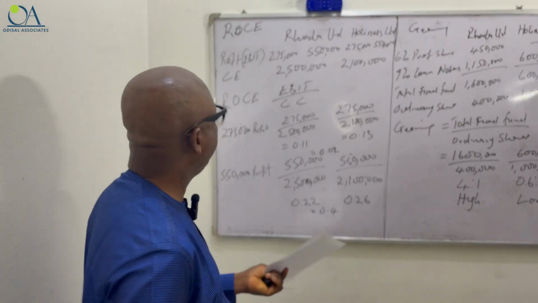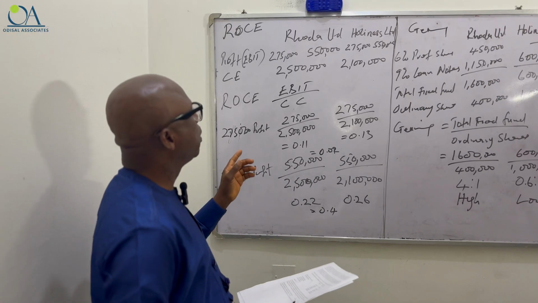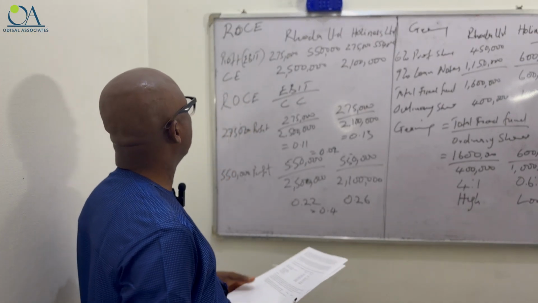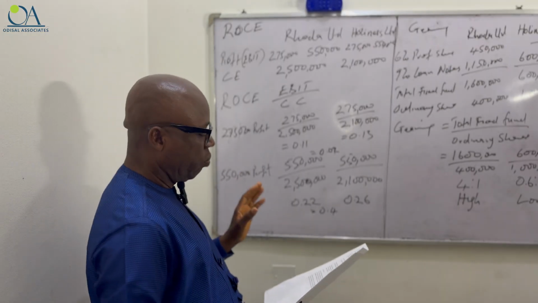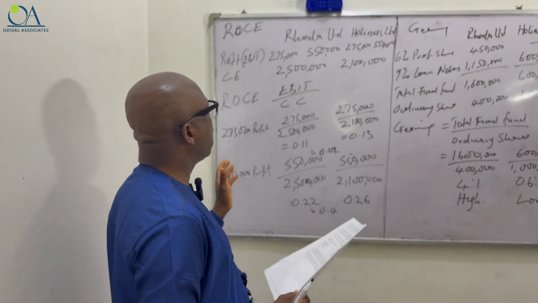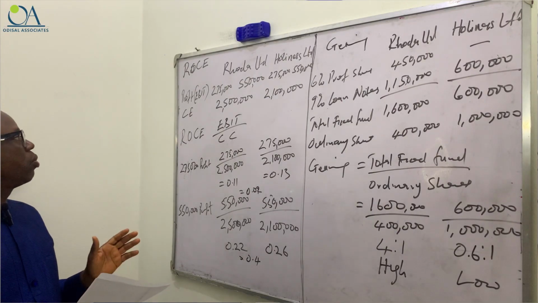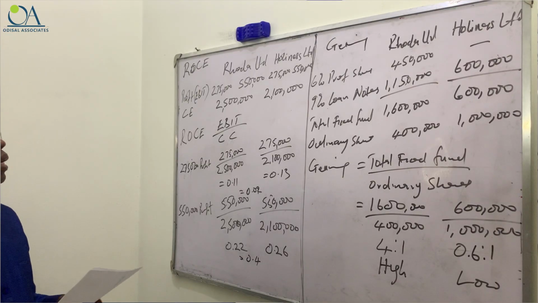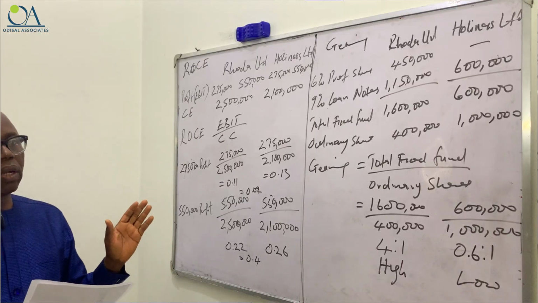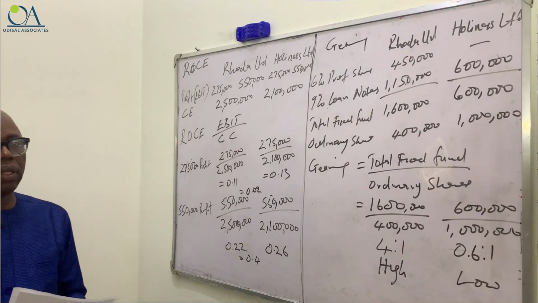I have carefully written it on the board to save time, because if I have to be writing and talking, it will take quite a lot of time. We're going to start with question 1 by calculating the ROCE and gearing ratios. In this question, ROCE will take two ratios per company because it's dealing on profits.